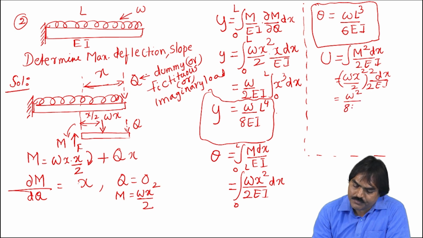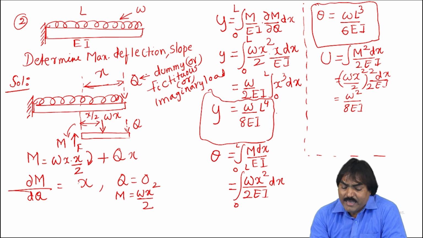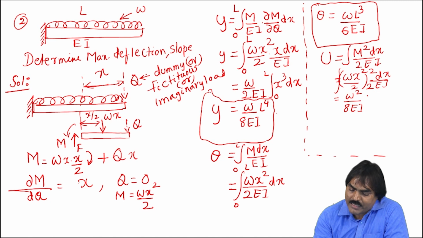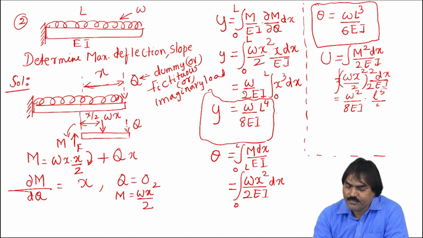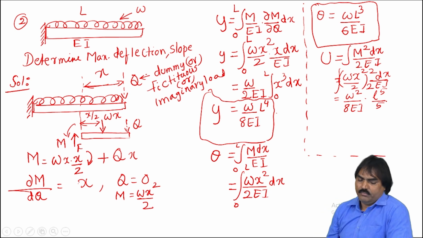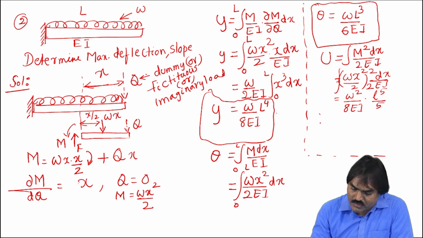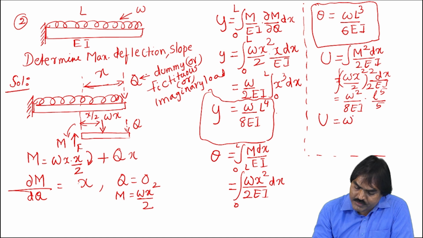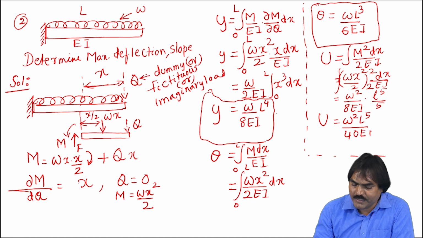W square by 8EI into x square into square, that means x to the power of 4, integration becomes L to the power of 5 by 5. So the total energy in this structure is W square L power 5 by 40EI. This is the energy stored in the structure.